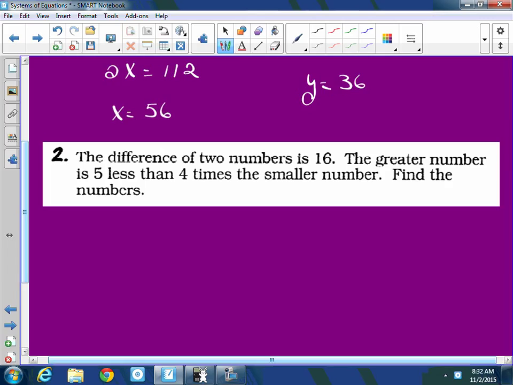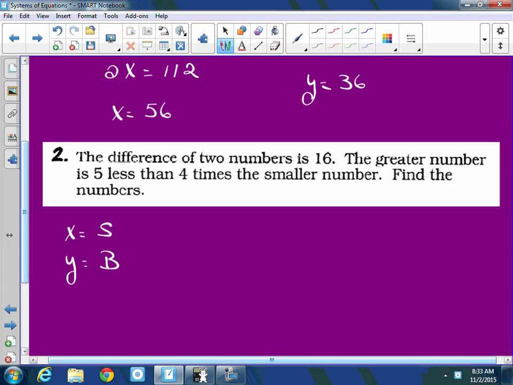I'm teaching, put that hand down. I'm also going to have to identify them as the smaller and the bigger. So I'm going to say that X is the smaller and that Y is the bigger or the greater one. Is that cool?